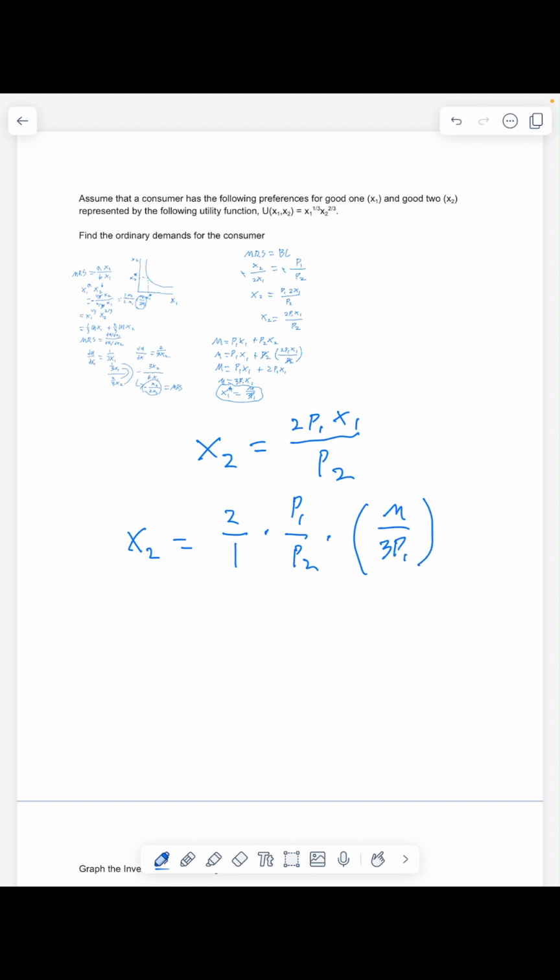If we do all this, we can see our p1s are going to cancel out. And it's going to just leave us with our ordinary demand being 2m all over 1 times p2 times 3, which is going to be 3p2. And just like that, we've calculated the ordinary demands of this utility function.